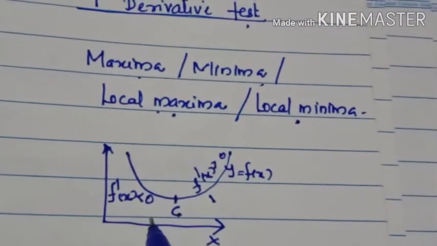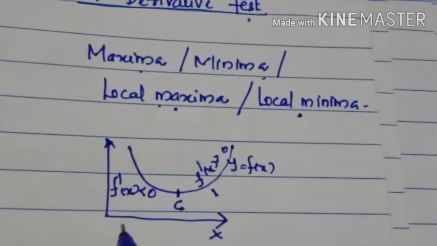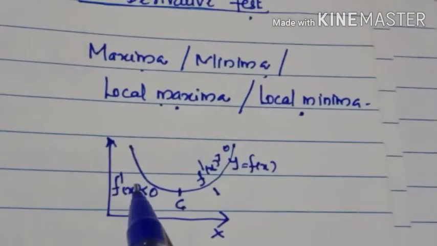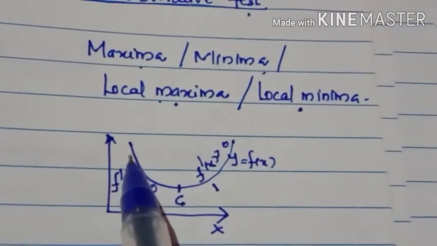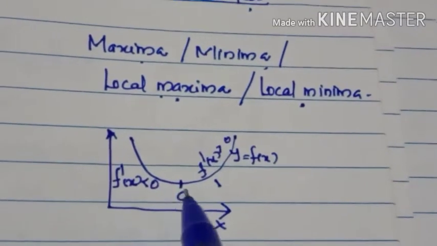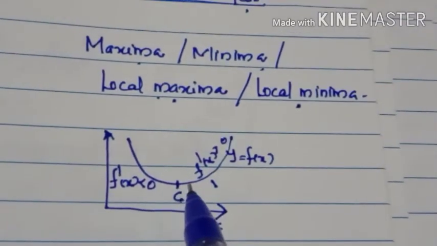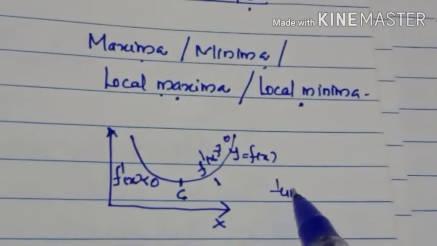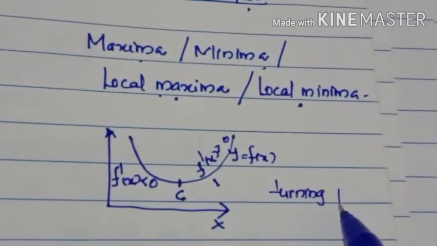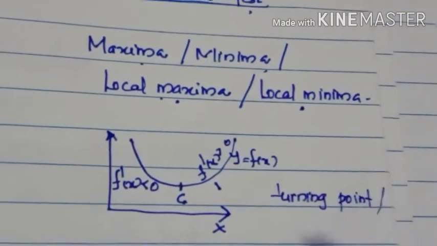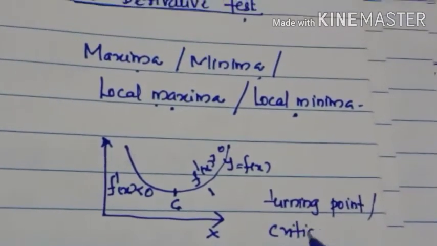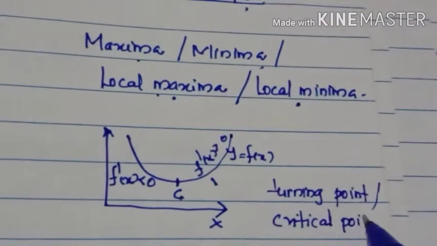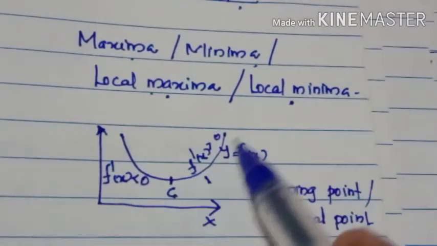Do you remember what I said? Here, f dash of x is less than 0 because it is decreasing, and from this point, which is called the turning point or critical point, the graph is increasing.